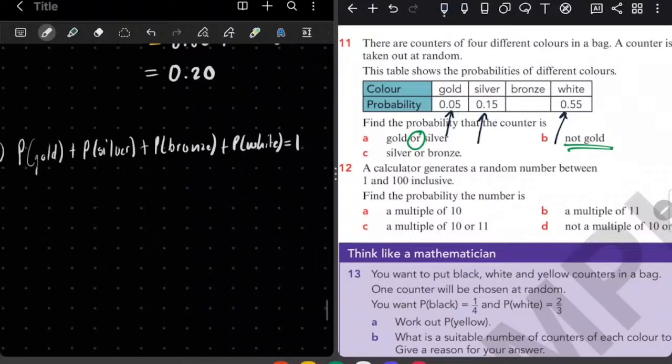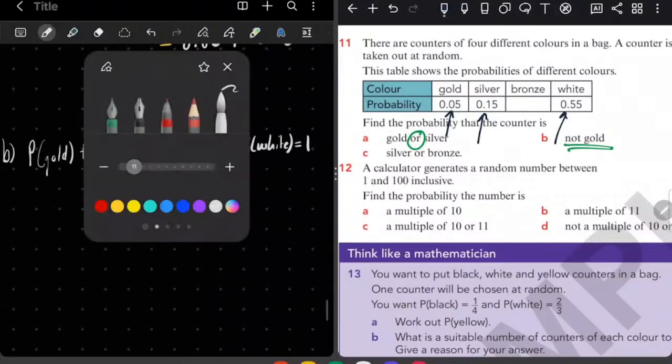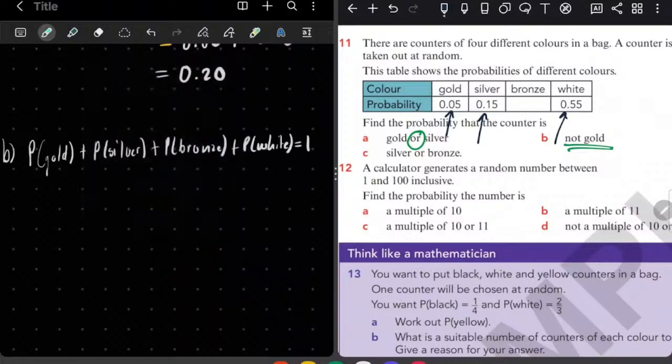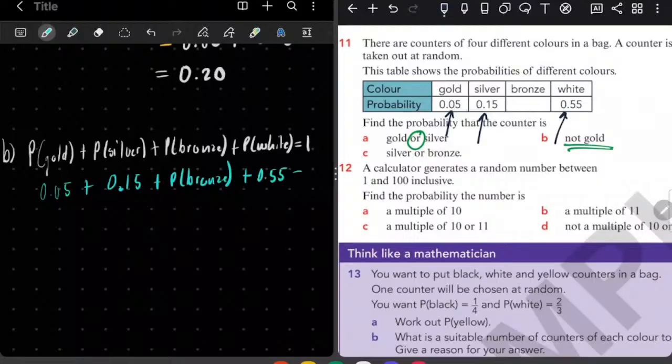Are we together? So now you will say, what is the probability of gold, class? 0.05. Plus, what's the probability of silver? 0.15. Plus, what's the probability of bronze? Is the probability of bronze. Plus, what's the probability of white? 0.55. All of them should add to give you 1.